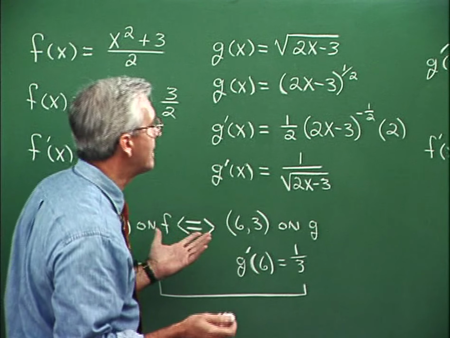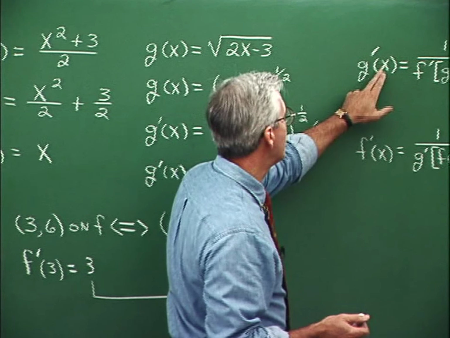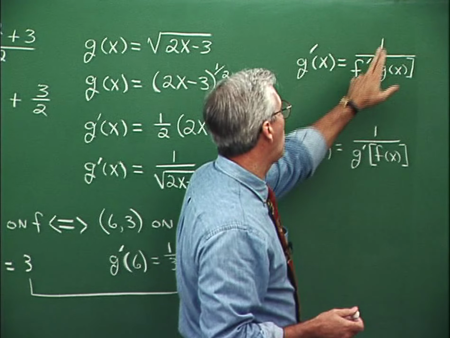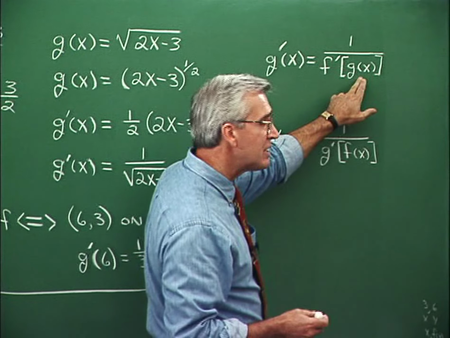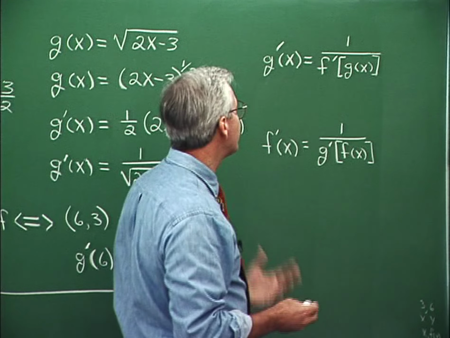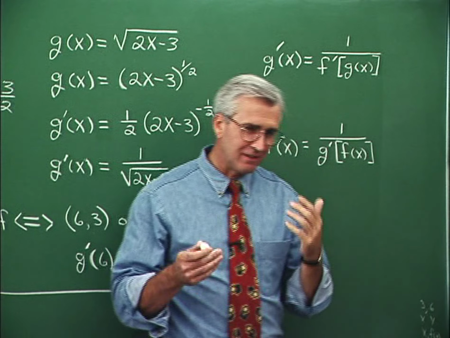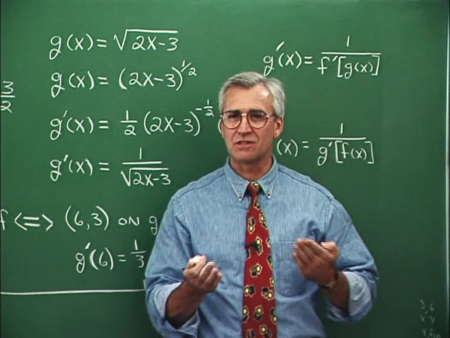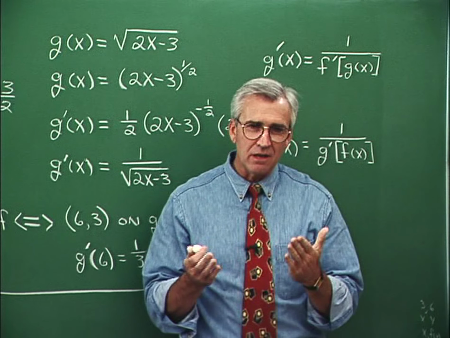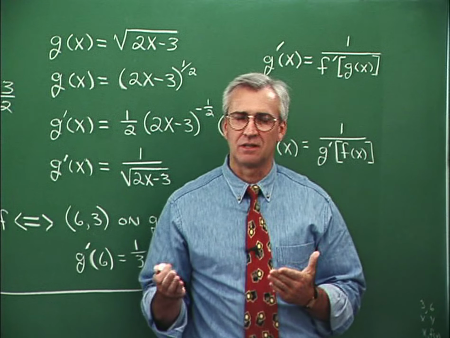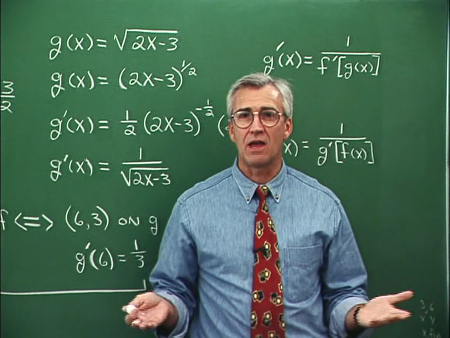A notation to describe that is this, that g prime of x is 1 over f prime of g of x. Now, this thing about swapping the role of x and y and using the function notation in describing these things can be rather confusing.